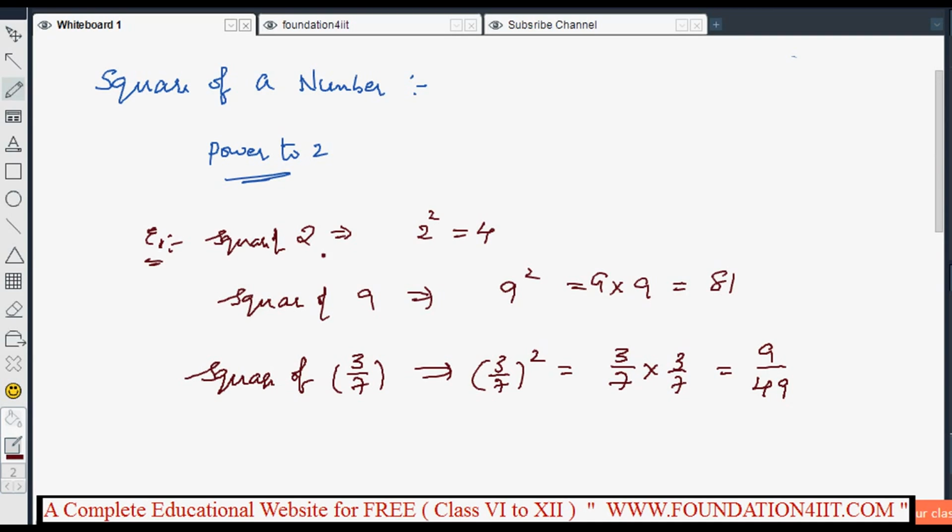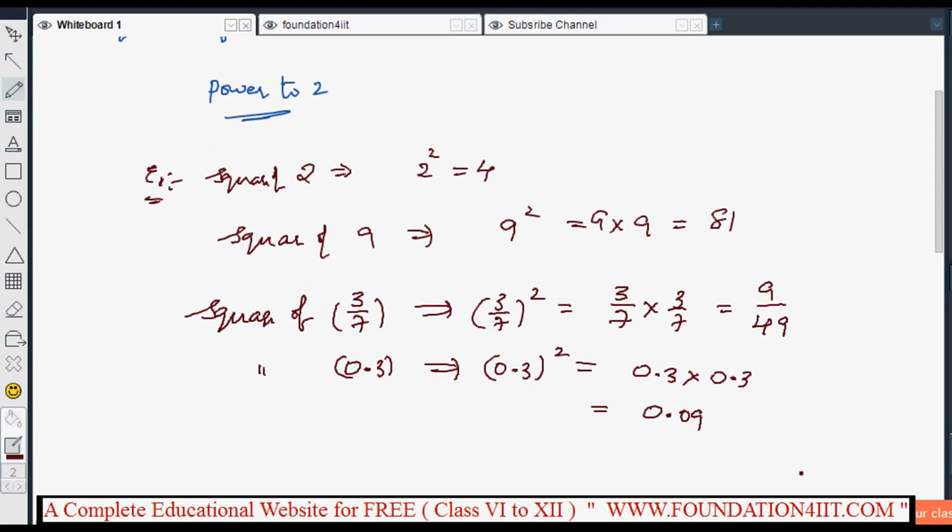Now the square of a decimal. I am taking 0.3. Square of 0.3, 0.3 whole square, because it is raised to the power 2. So 0.3 into 0.3 is 0.09.